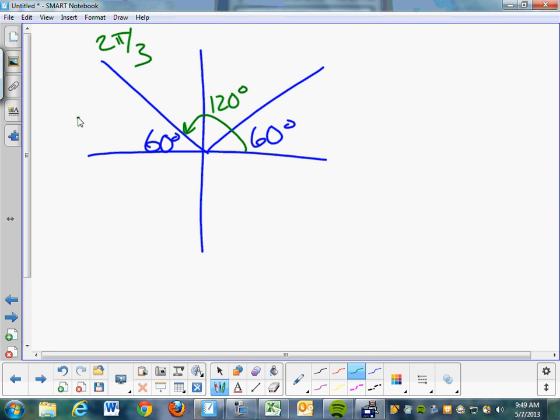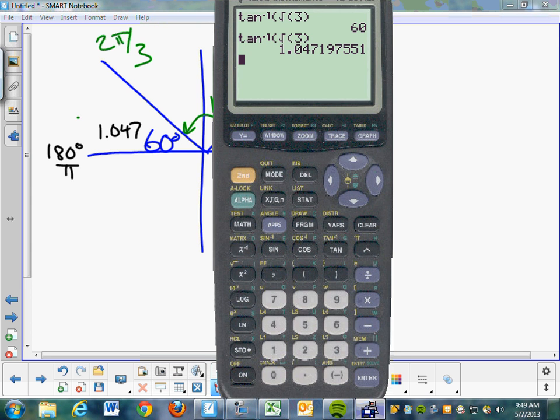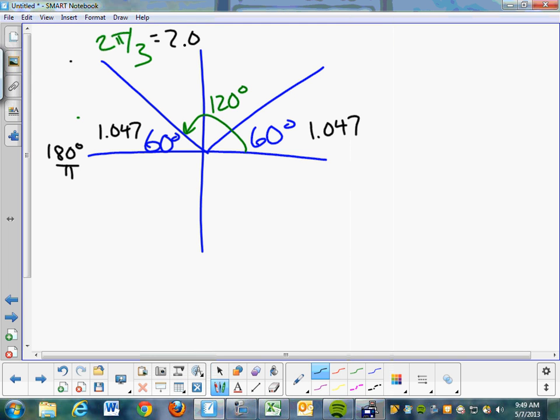Well, then you're just going to have to do that same process, but instead of subtracting it off 180 degrees, I subtract it off of pi. And 3.14 minus 1.047 gives me 2.093, which is the decimal form of 2 pi over 3.